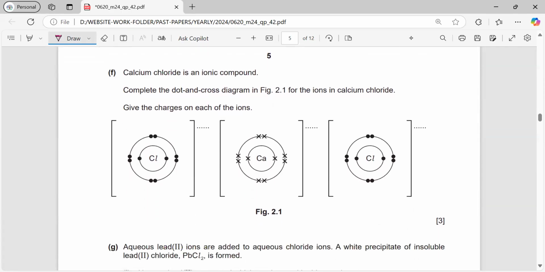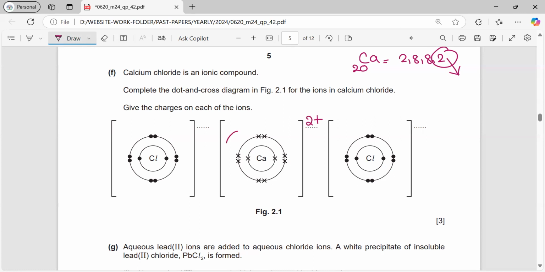Then we have to complete this dot and cross diagram. Dot and cross diagram for the calcium chloride. Now for calcium, it has 20 electrons, 2, 8, 8, 2. It means it loses these last 2 electrons, and gets 2 plus charge.